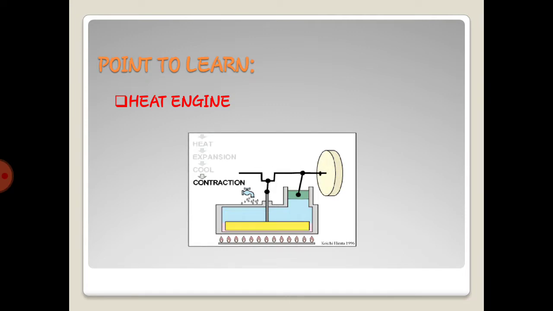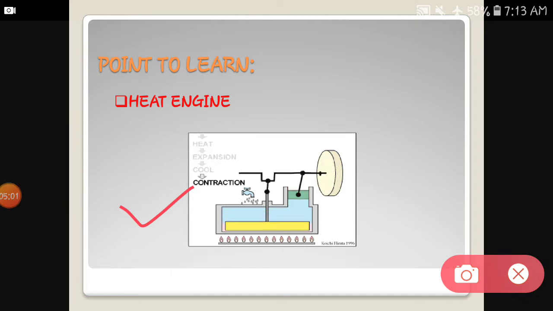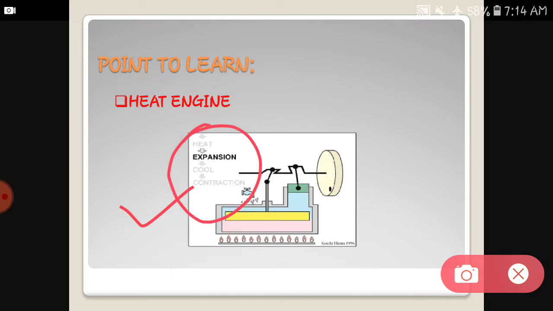You can see in the following diagram, which will give you some idea: heat, expansion, cool, contraction. What exactly does it show? It converts heat energy into work done, because when heat is applied to it, this piston moves up and down.